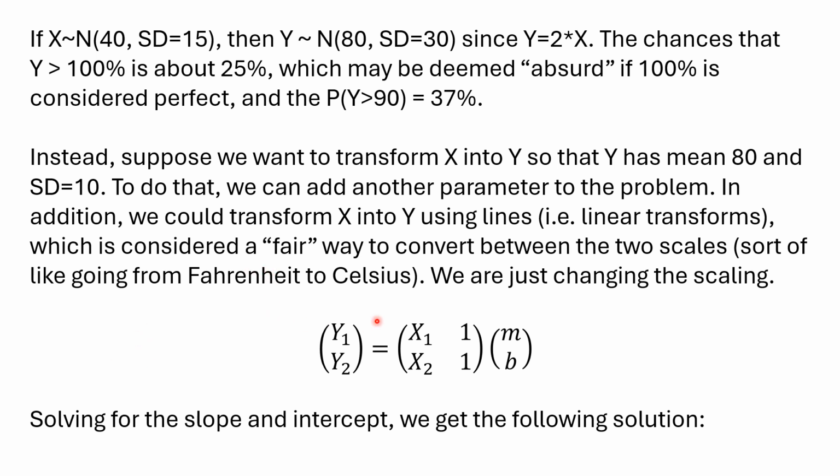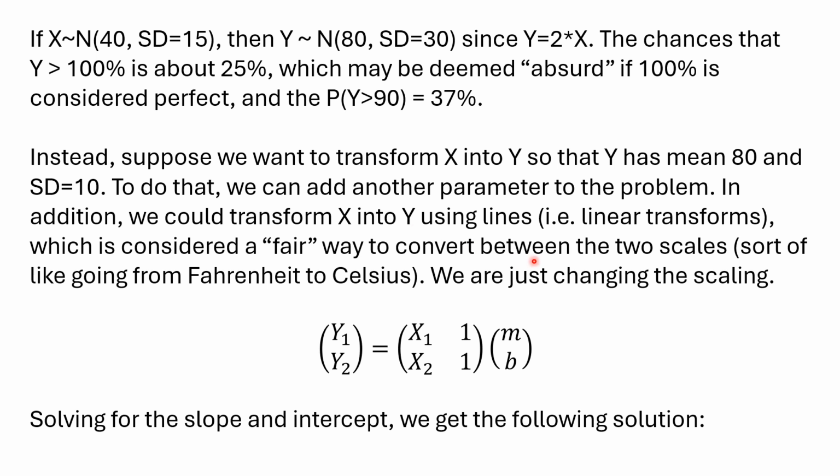So that's the idea. What you're doing is you've got your X's here, which are the exam scores, which are unfamiliar. And what you want to do is transform those into our more commonly associated scaling. So again, where 90 to 100 is A's and 80 to 90 is B's, and so on.